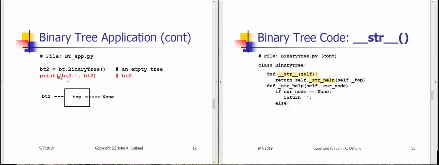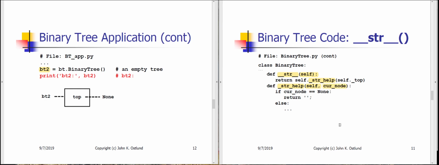Now here on slide 12, I have created a new binary tree object, bt2. This is an empty binary tree. Of course, our __str__ method has to be able to properly handle representing an empty binary tree. So let's see how we're doing that. In our _str help method, self refers to the binary tree as a whole.